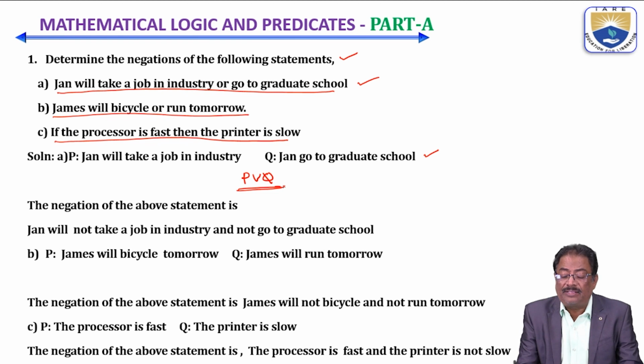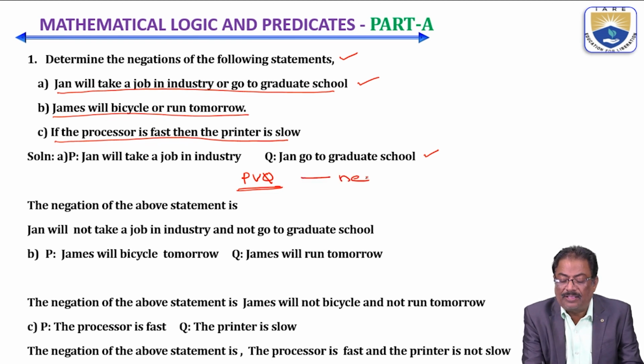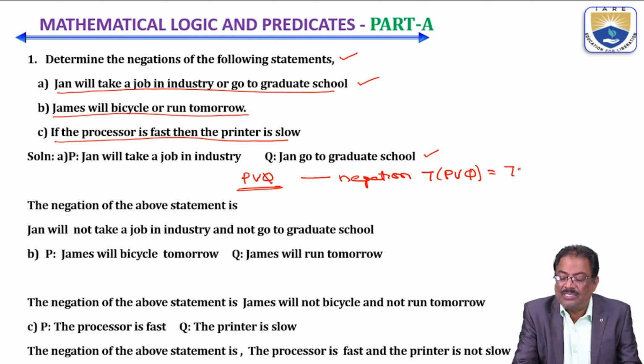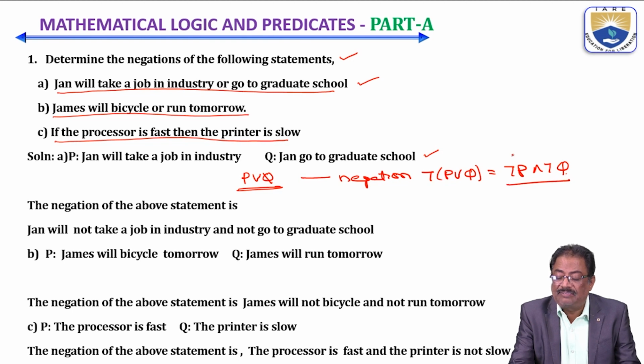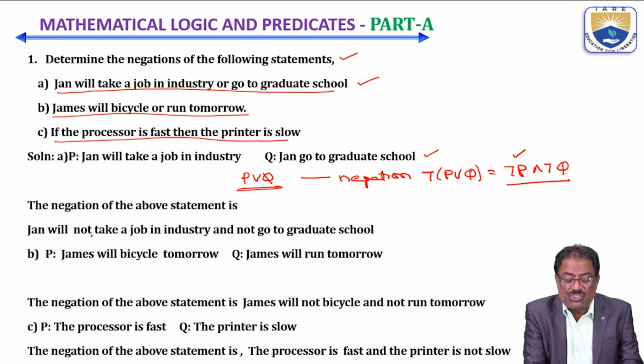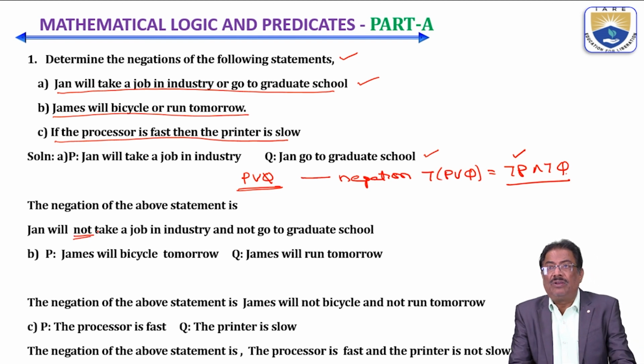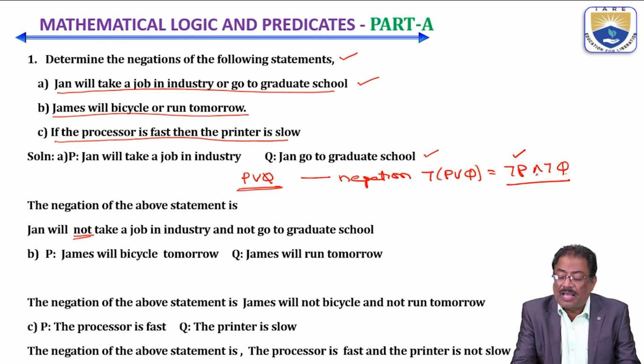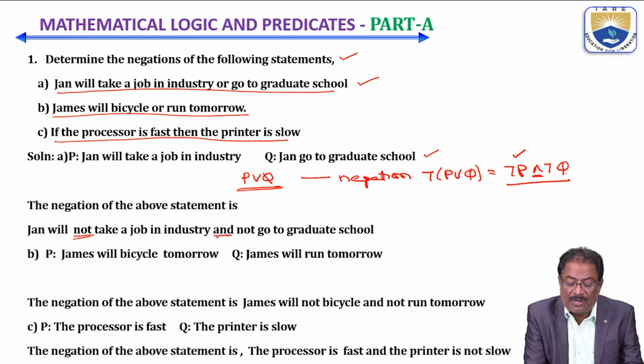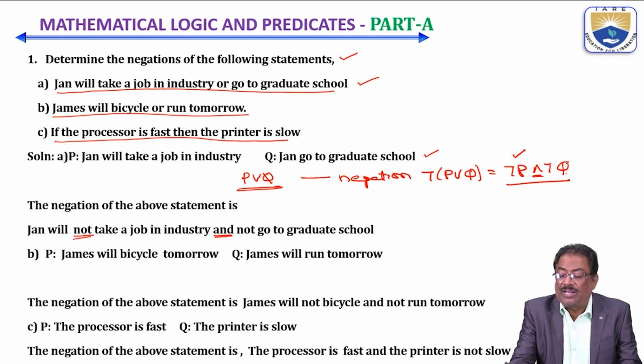Now we take the negation of this symbolic form, that is negation of P or Q, which equals negation P and negation Q. We write this in sentence form: John will not take a job in industry, which is negation P, and not go to the graduate school.